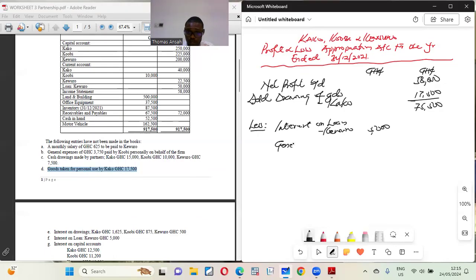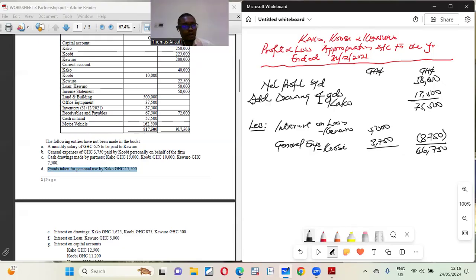So general expenses, that should have been done. And who did that? Kobe. And that is how much? 3,750. So put together, we have 8,750, which we are taking away from this. And that is 66,750. So that is what we have in there.